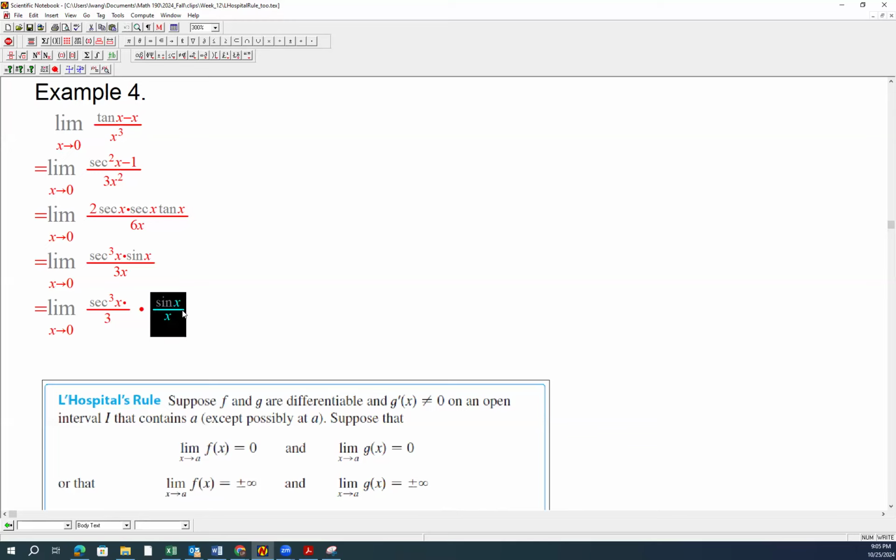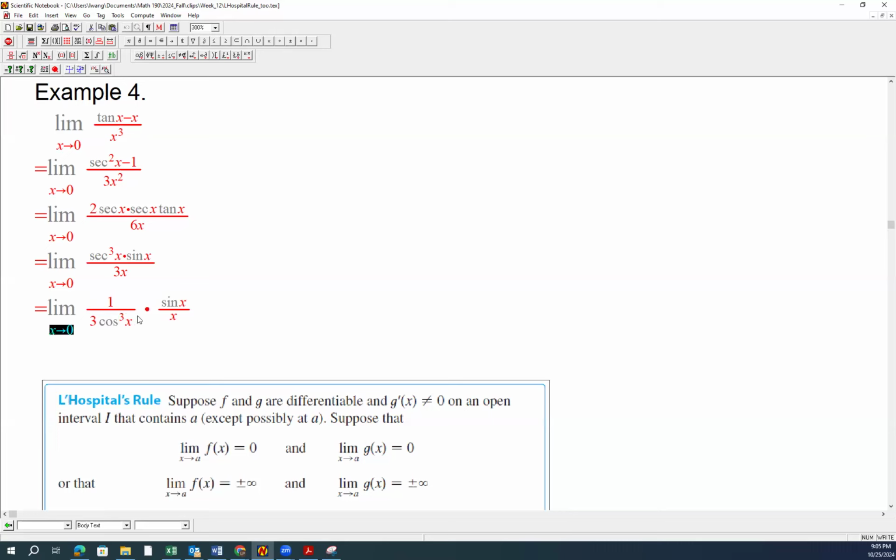So we know this one has a limit as x approaches 0. And how about secant x to the power 3? Well, for those of you who are not familiar with secant, we can write secant x as 1 over cosine x, to the power 3.